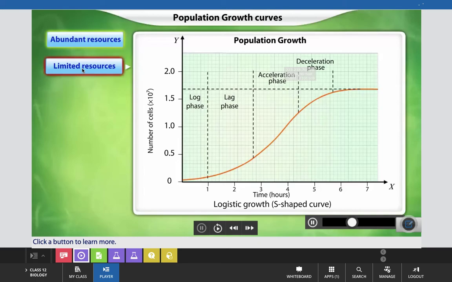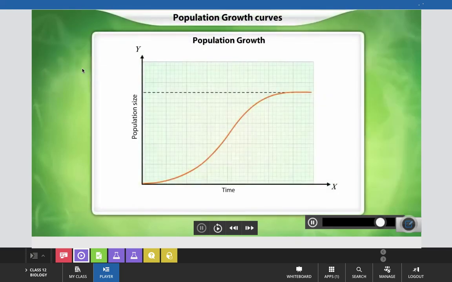As resources get depleted and mortality and natality almost balance each other, population growth enters the stationary phase. For example, the growth of bacteria in a laboratory starts slowing down when resources start depleting.